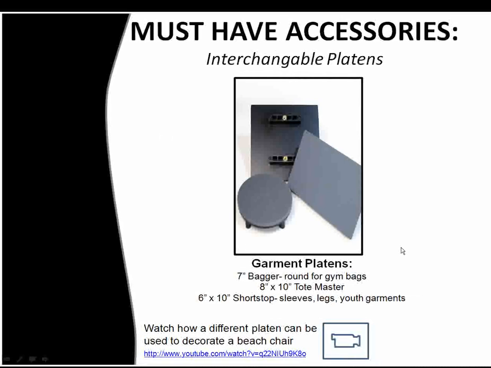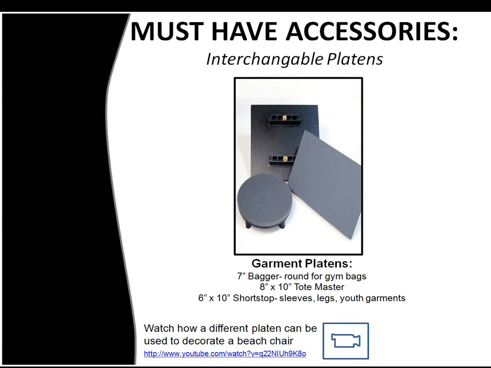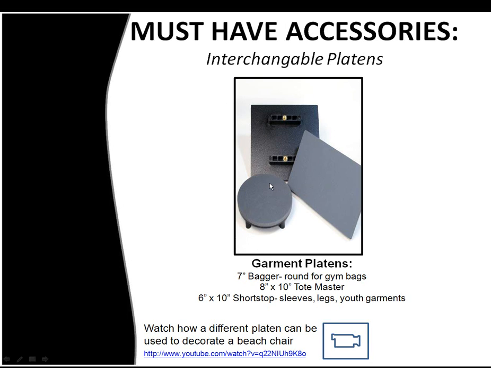Okay, so that is the interchangeable platens for a garment press, and there are 3 different kinds, which are pretty much industry standard. There's the 7-inch round, which is great for the end of a tote or gym bags. You have your 8 by 10 tote master, and then your 6 by 10 shortstop.